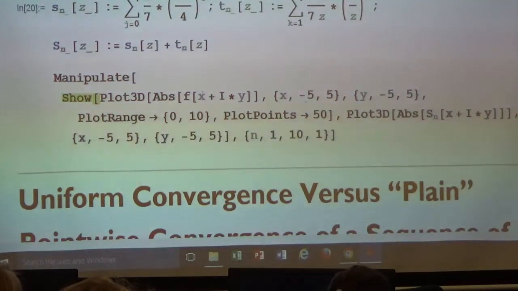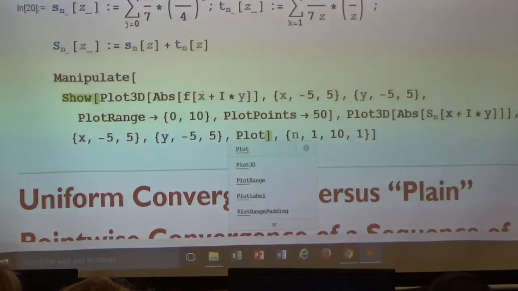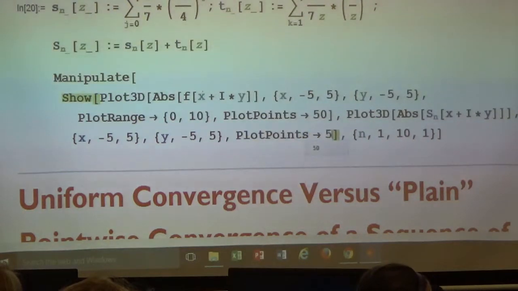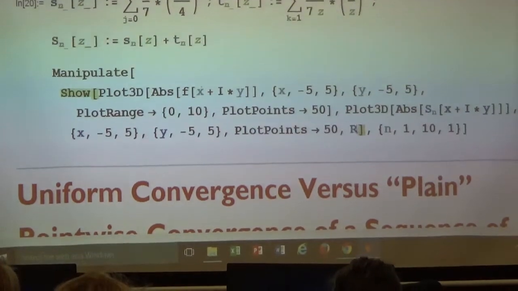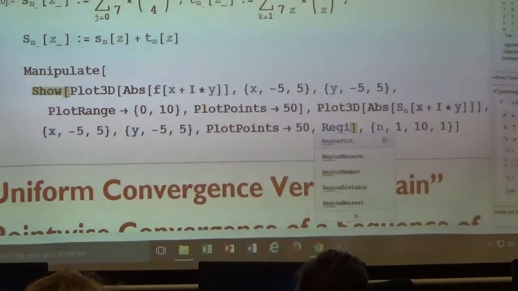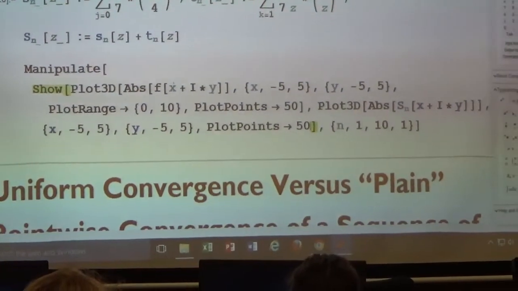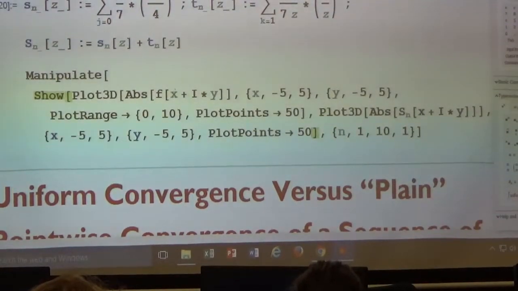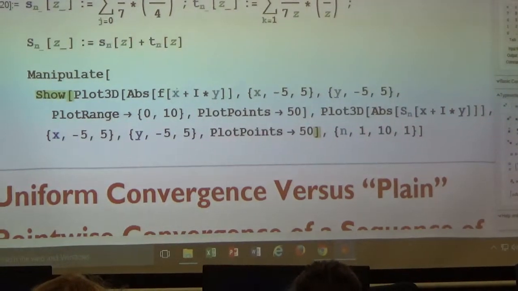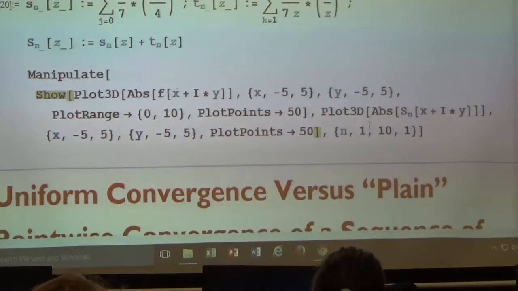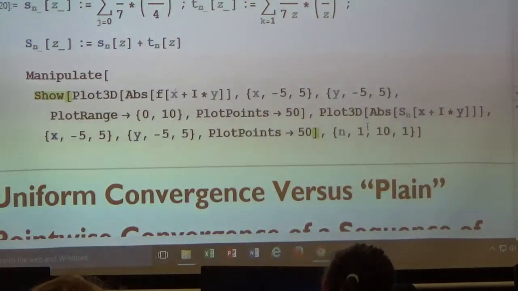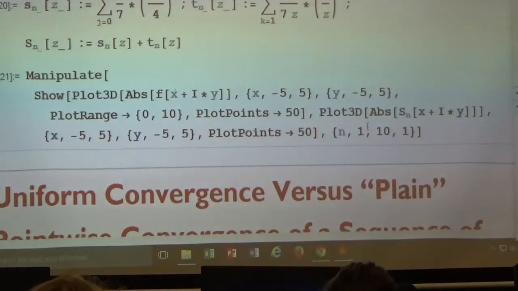I probably need to plot more points, perhaps. This might make it slower though. And I think I want to restrict the domain with RegionFunction. Well, maybe let's see what happens if I don't restrict the domain. I might need to make the graphs more opaque so you can partially see through. Let's see what it looks like so far.